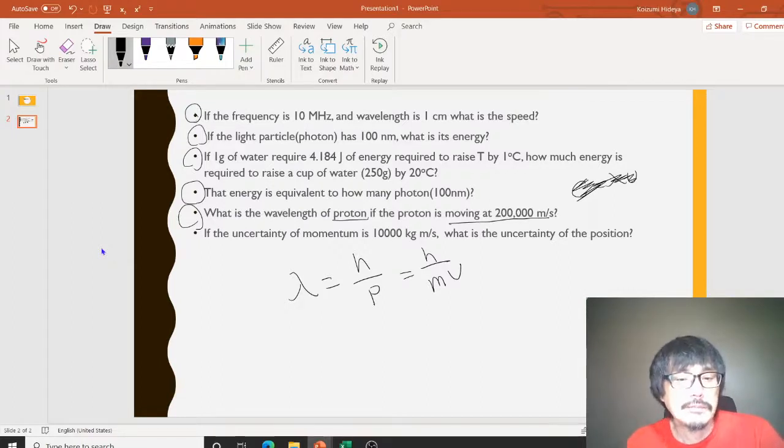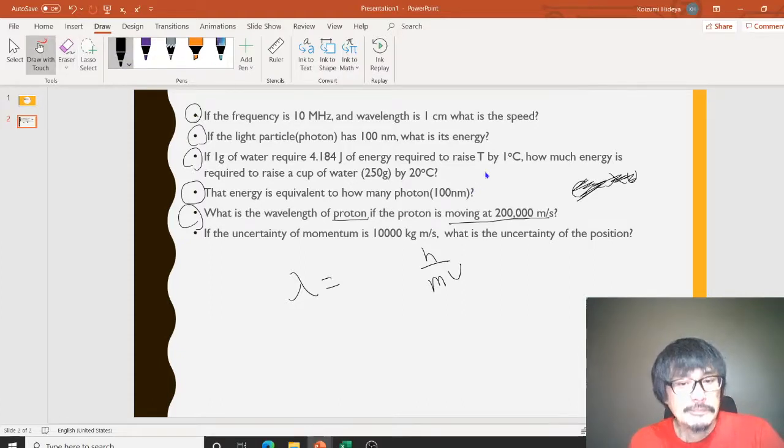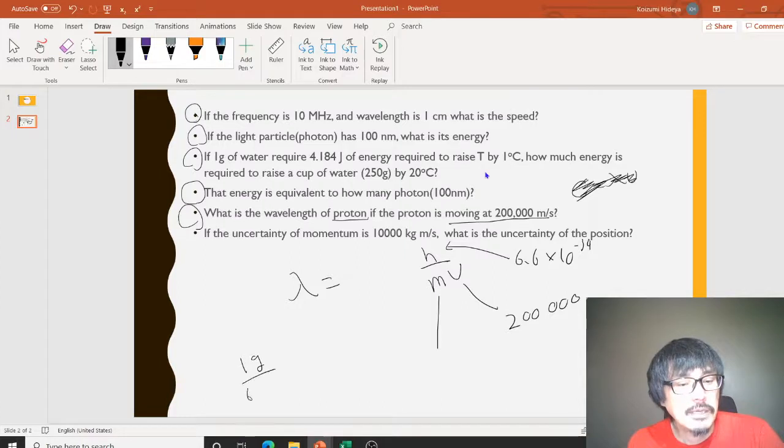Alright, so let me just erase the one in the middle. That's the formula, right? So h is 6.6 times 10 to the negative 34 as usual, and velocity is 200k, and the mass of a proton is 1 gram per mole, right?